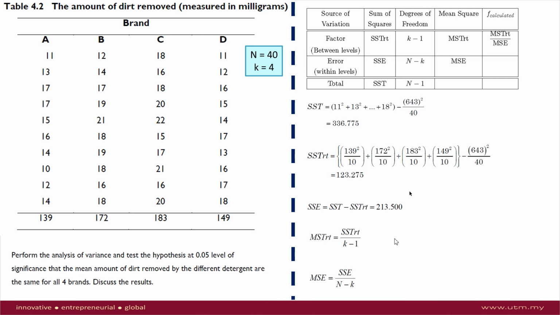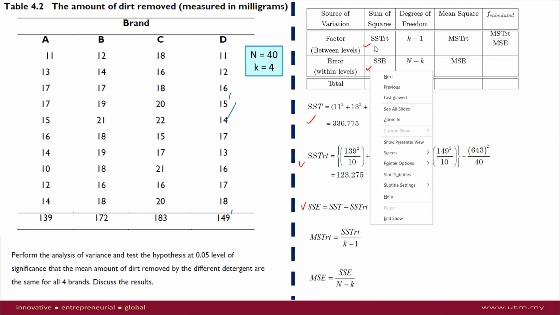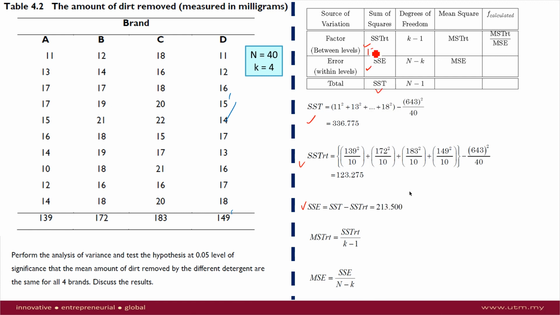Okay, so now you already found the values of SST, SSE and SSTRT. So just sub in the values into the table. For example, SSTRT, the value is 123.275. SSE, the value is 213.5.